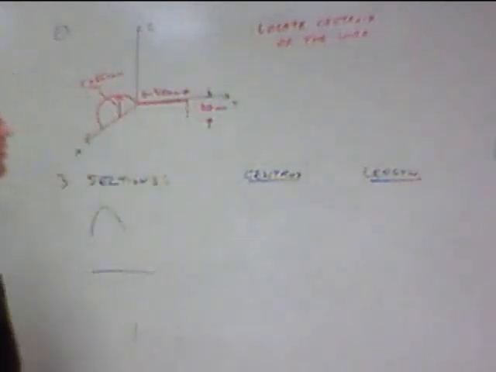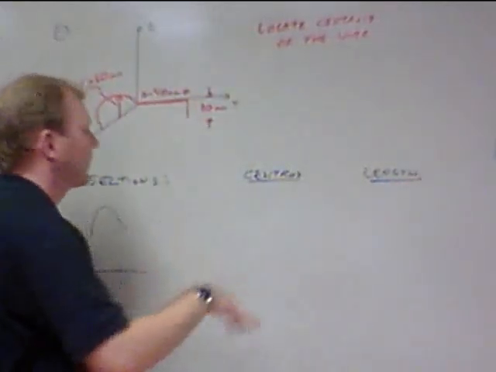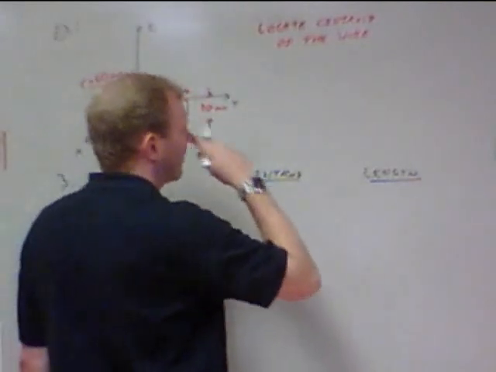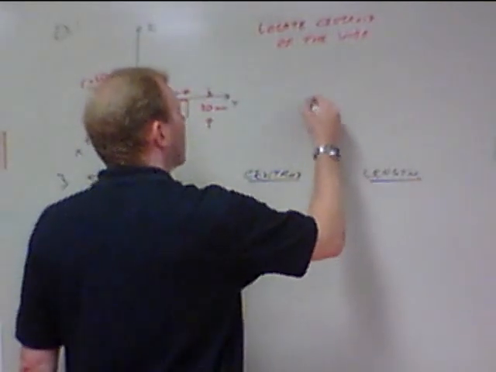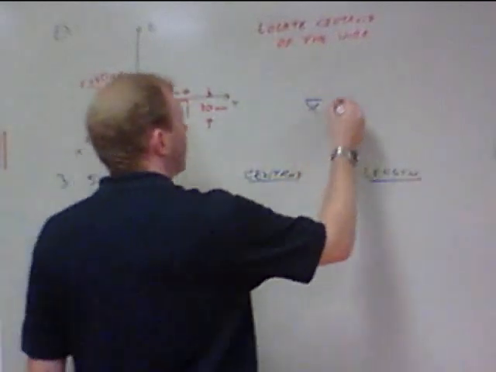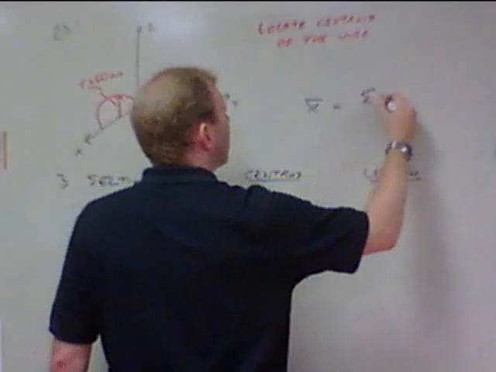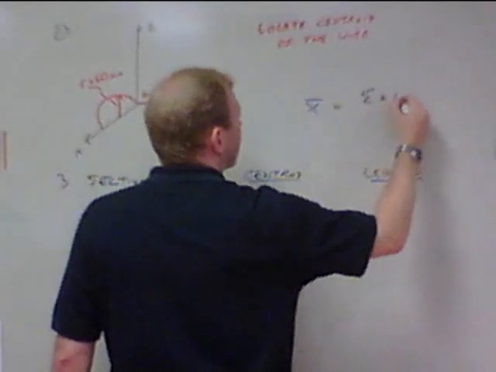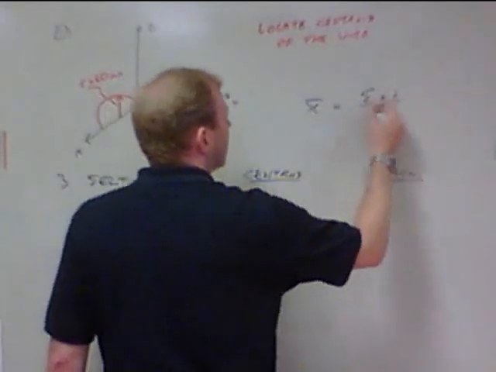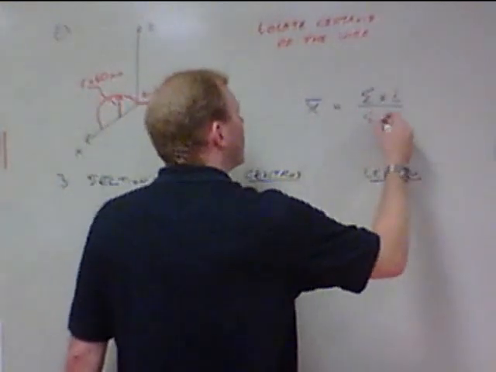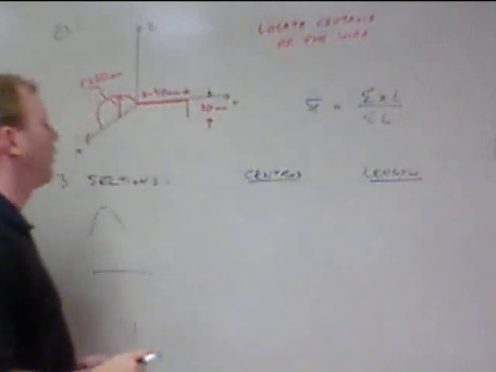Because if you think back to what the equation is for a one-dimensional object, for a centroid, the x position and the corresponding y and z positions are equal to the summation of the x centroid times the length of each section, in this case each section, divided by the summation of the total length of the wire.